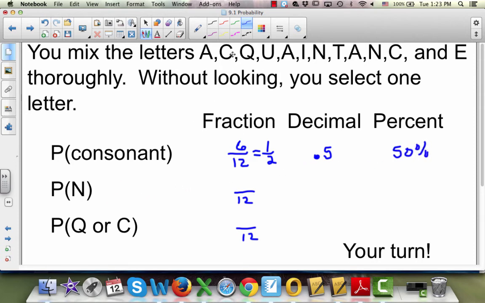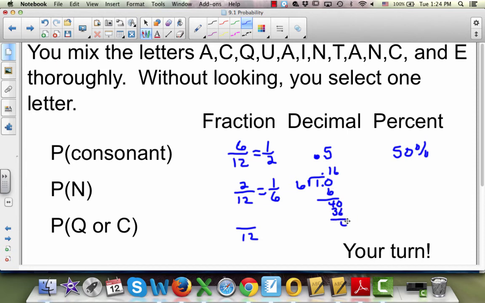Probability of an N. Let's see, there's 2 N's. That would be 1/6. And so we have to divide 1 divided by 6. 6 goes into 10 1 time with 4 left over. 6 goes into 40 6 times. 6 times 6 is 36.